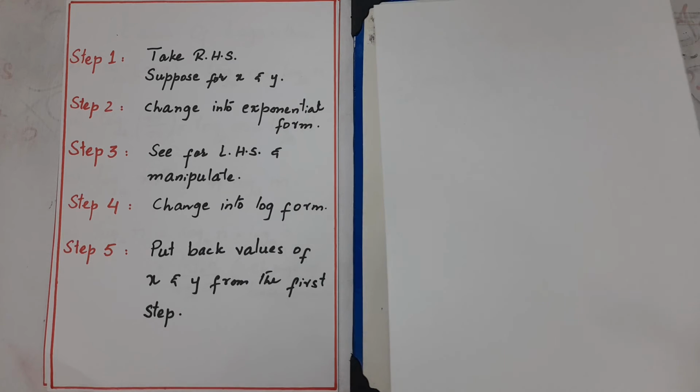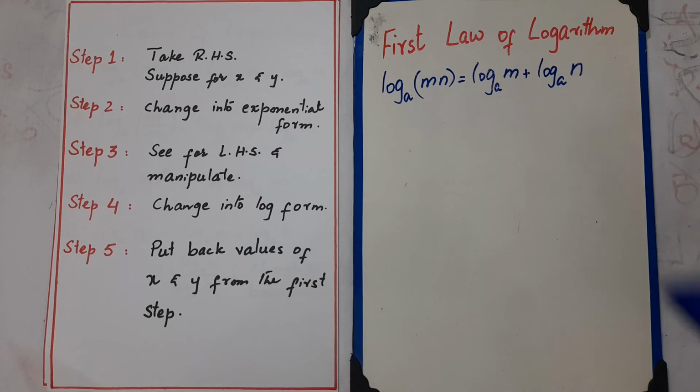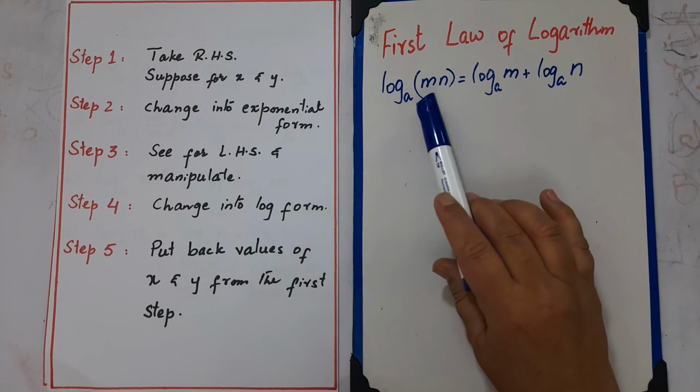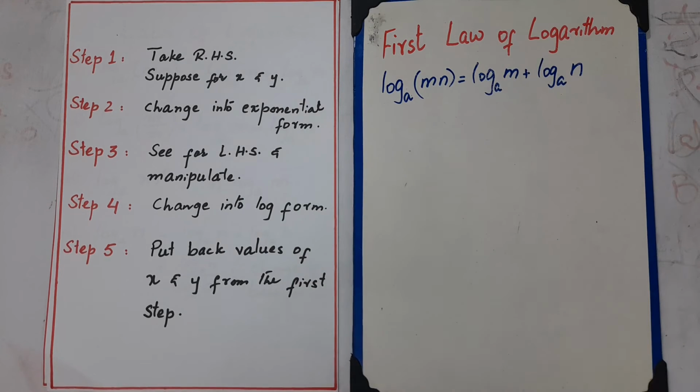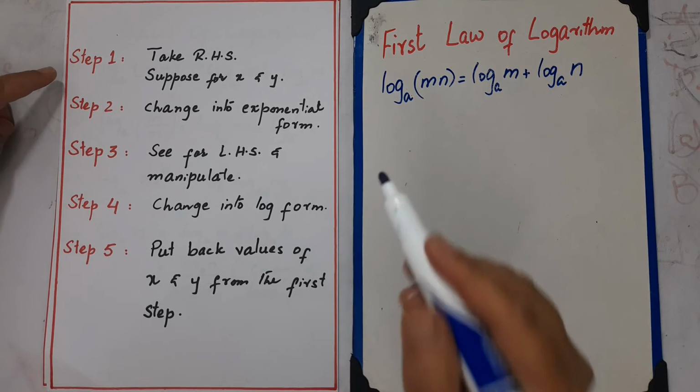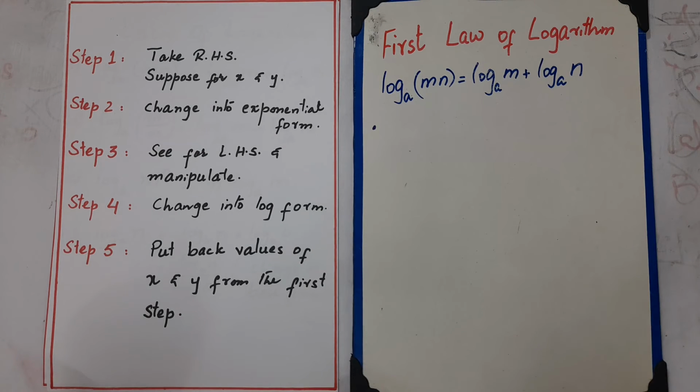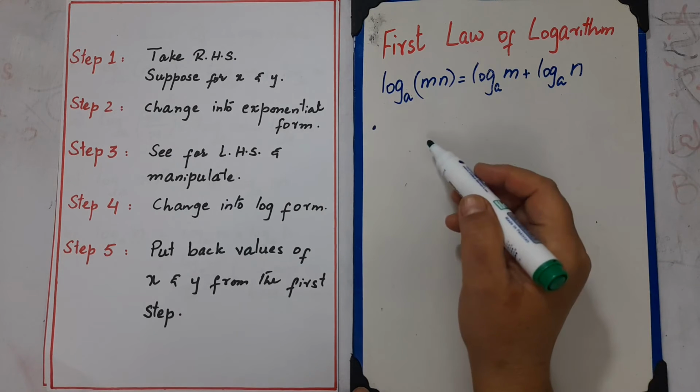We are going to work with the first proof. The first law of logarithm is log to the base a of m into n is equal to log to the base a of m plus log to the base a of n. Let us match them with the steps and prove it accordingly. Step 1 is to take the right hand side and suppose for x and y.